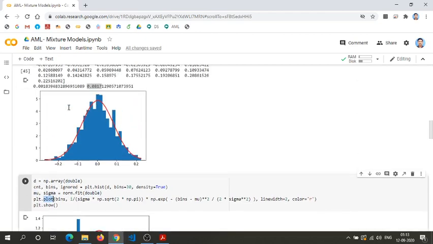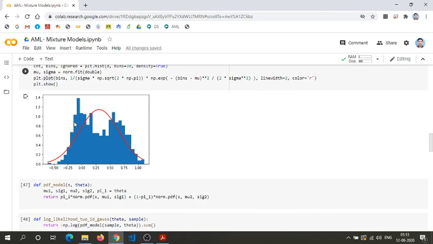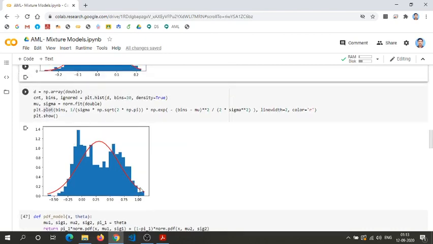We apply the same command here also: mu, sigma equal to norm.fit. Still we'll be able to get mu and sigma. But you can see that your mu lands somewhere in between, where you have almost nil data.